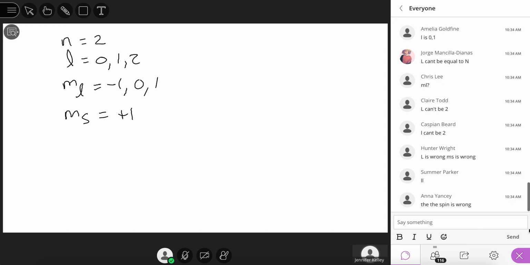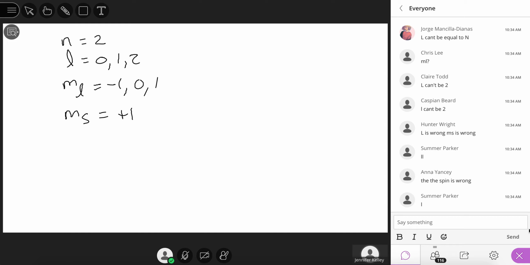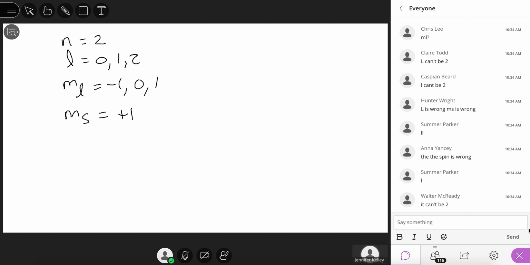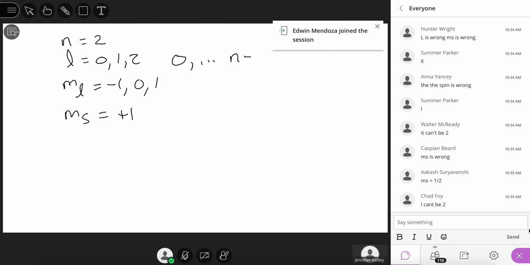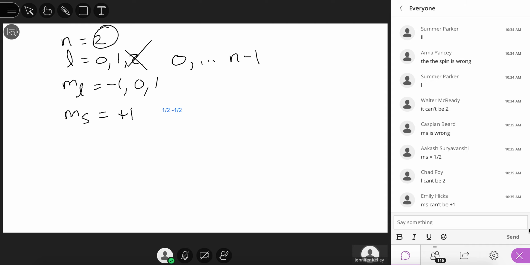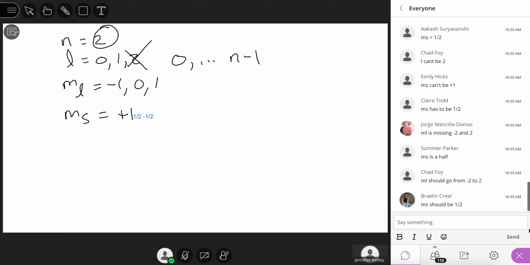All right. So the L can't be 2, correct? Because it goes from 0 to N minus 1, and N is 2, so it can't be that. And then ML is okay.